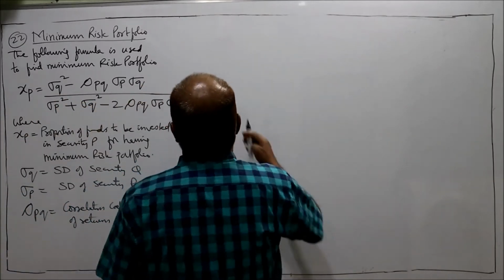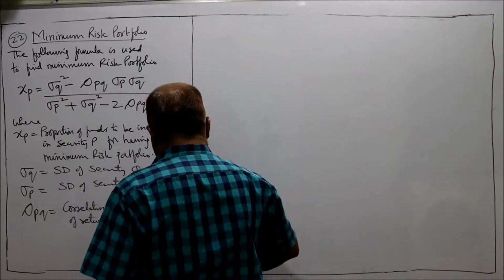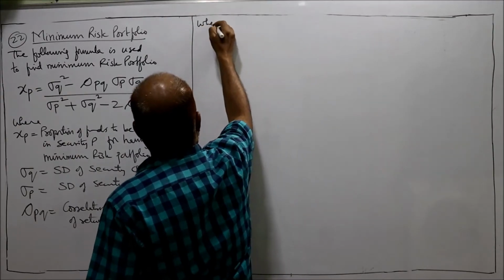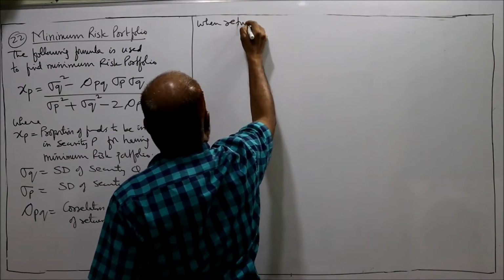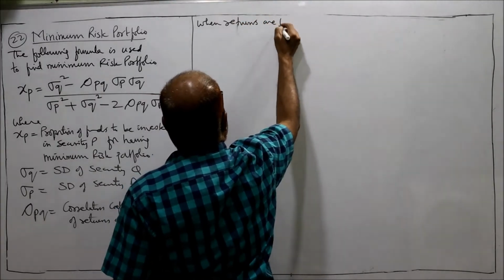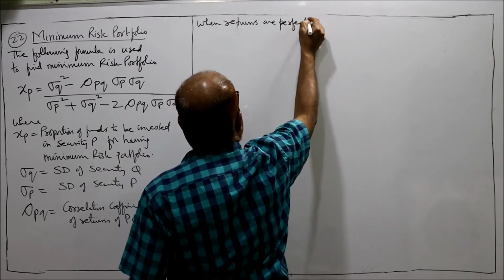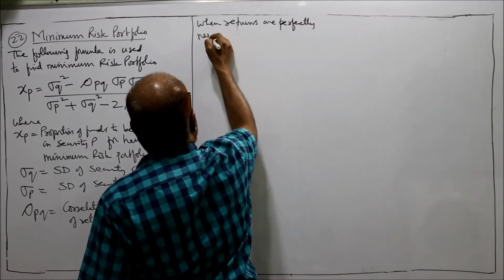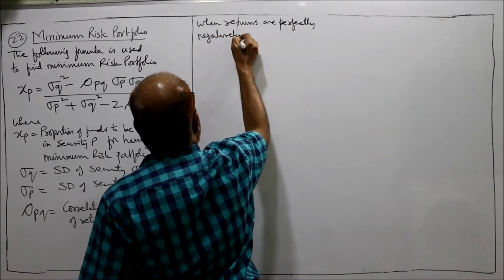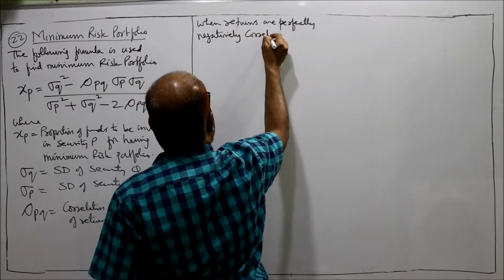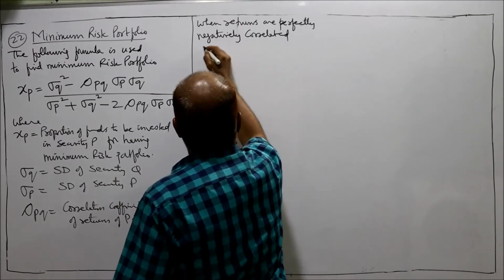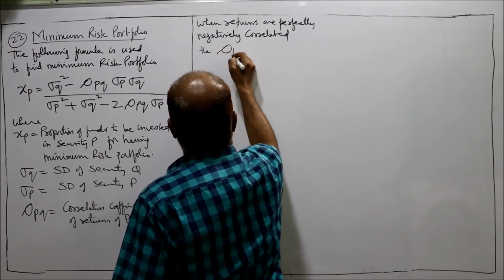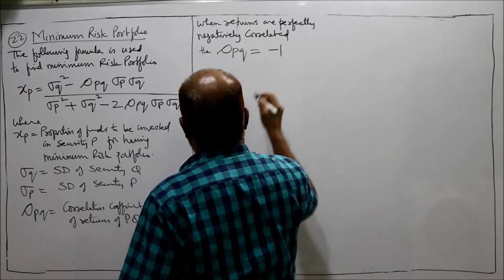When returns are perfectly negatively correlated, then rho PQ is equal to minus 1.